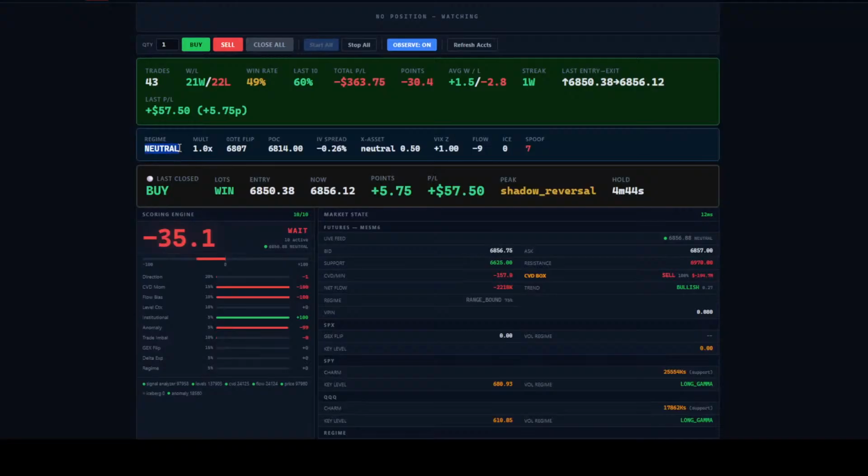They change from neutral to bullish or to whatever they want to go. But unless that's met, they're not going to do anything. And I can always do it manually.